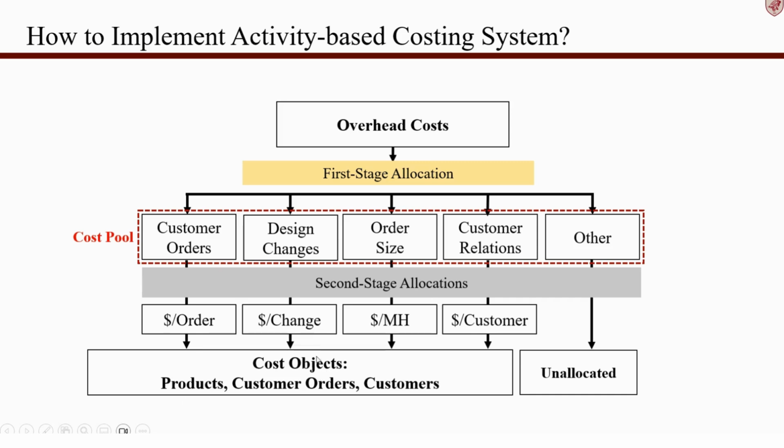When we talk about cost objects, it can be at a departmental level, a customer level, customer order, or products, right? And then, of course, there can be some unallocated portion where we classify it as unallocated. And this is a portion that the organization as a whole would bear, not necessarily allocated at a product level or a divisional level.